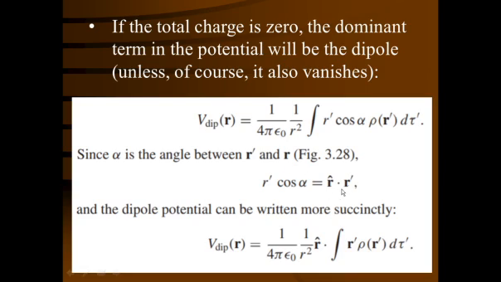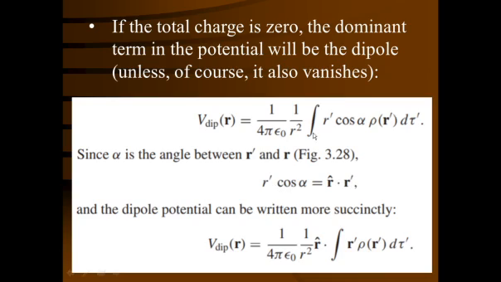So what is the magnitude of this one? Magnitude of this into magnitude of this into cos alpha, if alpha is the angle between these two vectors. Magnitude of r caret is going to be 1, magnitude of r dash is going to be r dash, and the angle between them is going to be alpha.